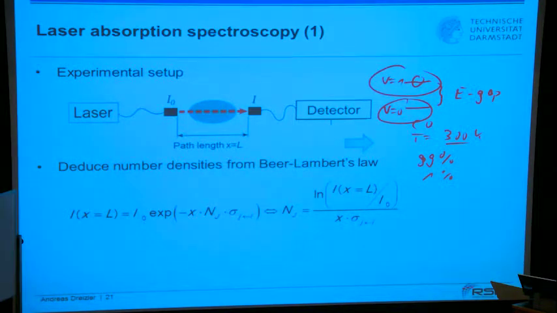Okay. Yes, please. If we're trying to deduce temperature from rotational levels alone, we are assuming that vibrational and electronic states are in the ground level. No. They can be populated to a certain degree as well. Maybe we come back to that when we get to coherent anti-Stokes Raman spectroscopy.